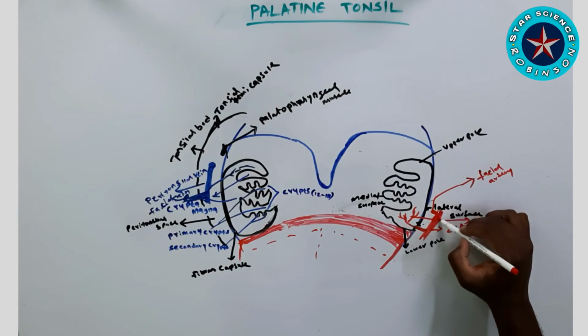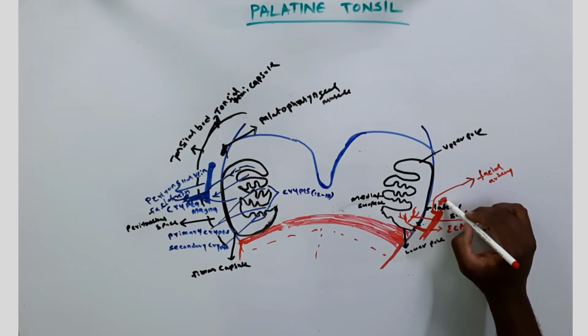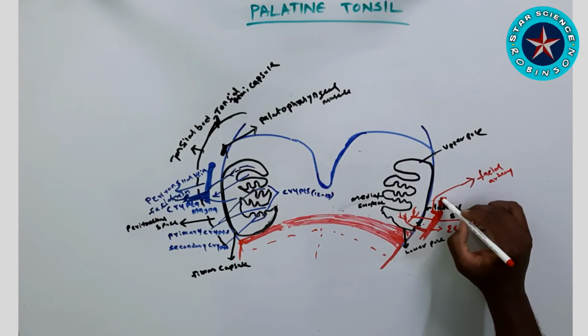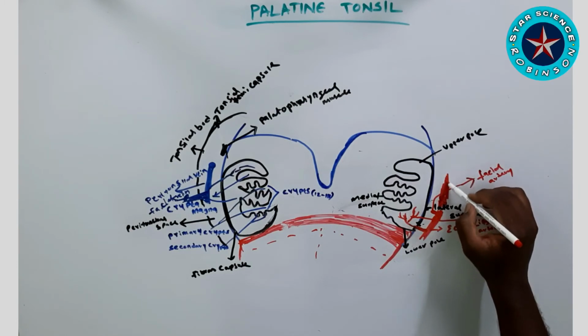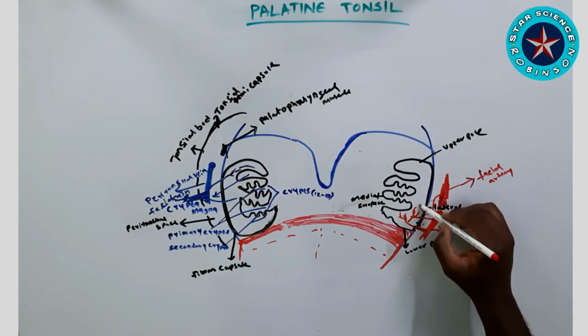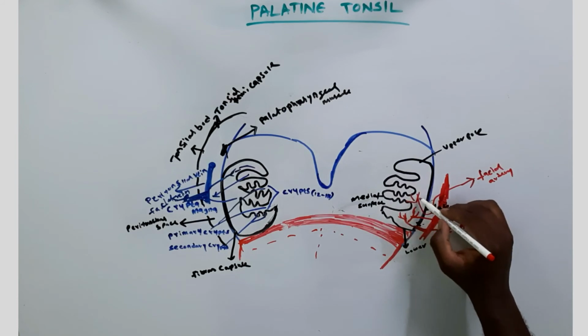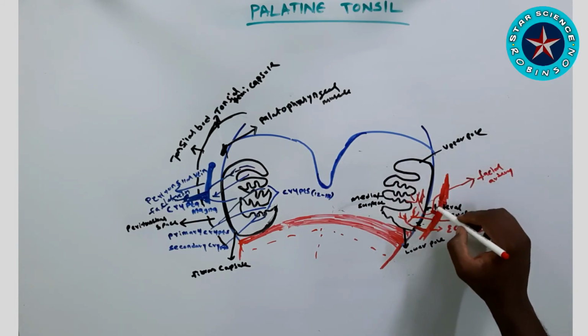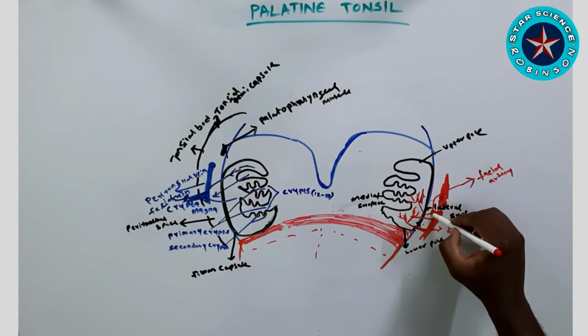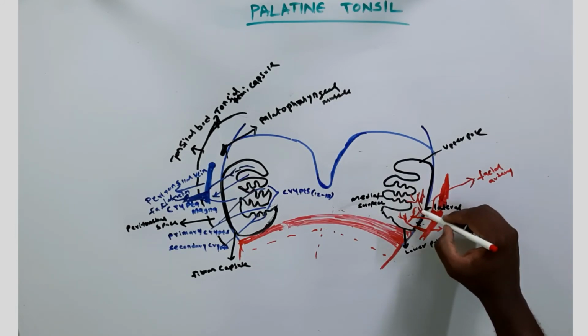From the facial artery you will have one or more branches into your palatine tonsils. So that is the facial artery into the palatine tonsils. When the external carotid artery moves upward, it again gives the next branch to the palatine tonsils.